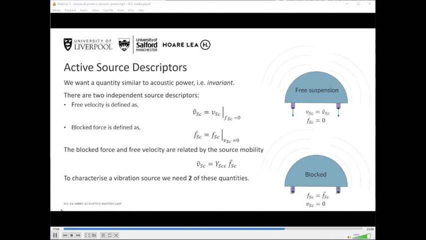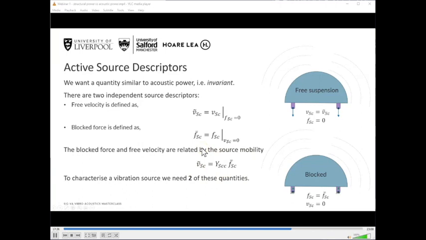Now it just so happens that these two independent quantities, the blocked force and the free velocity, are related to one another by the source mobility, as in this equation here. Now to independently characterize a vibration source, we need to have at least two of these quantities. It doesn't matter which two, because the third can always be determined from this relation here.